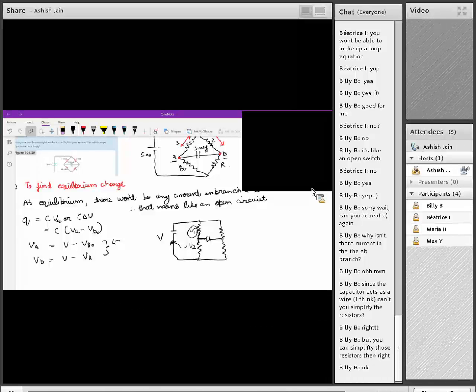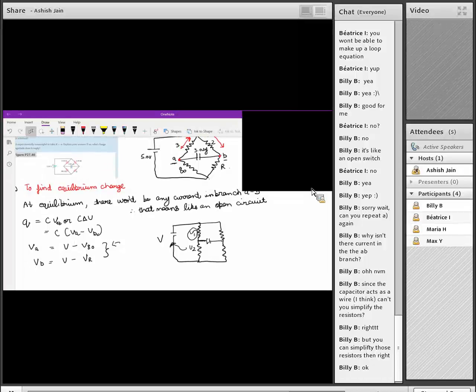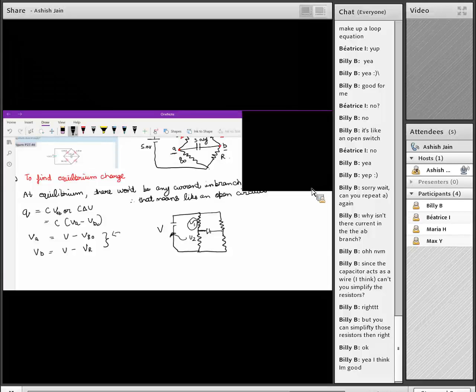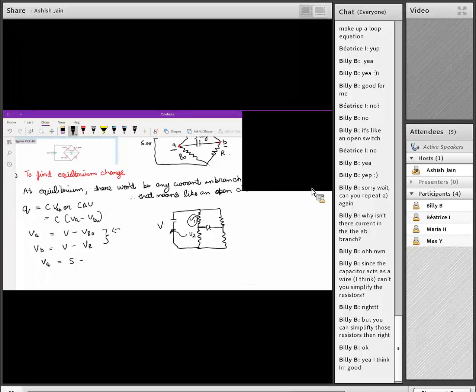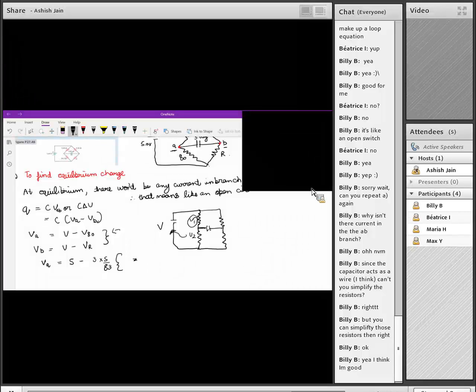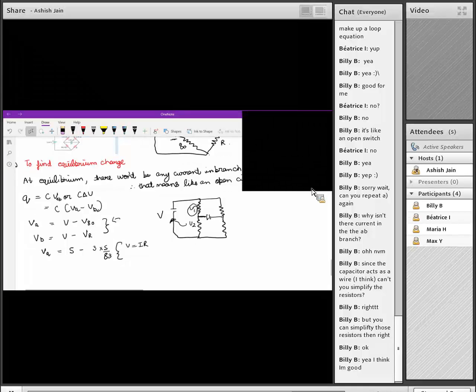Okay, if it's okay, then I'll move ahead. So let me substitute the values for VA. That is total 5 minus 3 into 5 by 83. Okay, how did I find this? What is V? V is IR, right? And the current is V divided by R total.